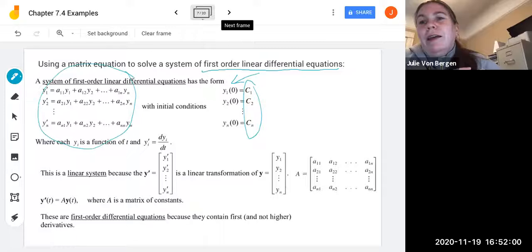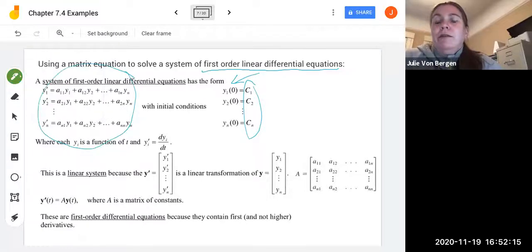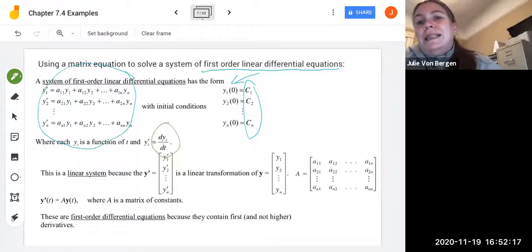That corresponds, I think, to the nomenclature and symbols you used in calculus, c's for constants. So each yi is a function of t, and the derivative is the derivative of yi with respect to t.